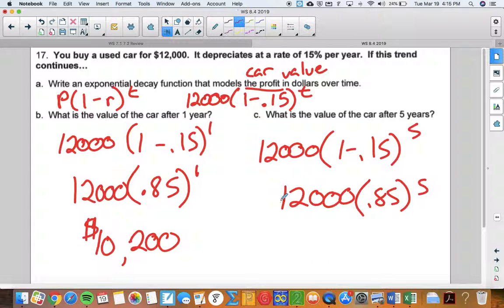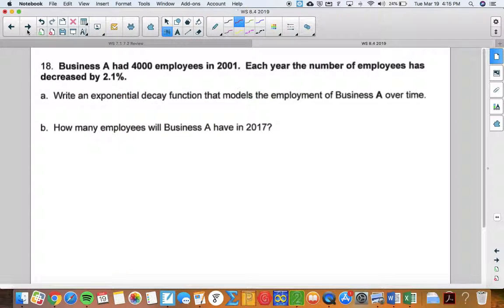Ouch, I'm getting $5,324.46. I'll let you try the next one, actually I think I need to do this one in order to answer another question.